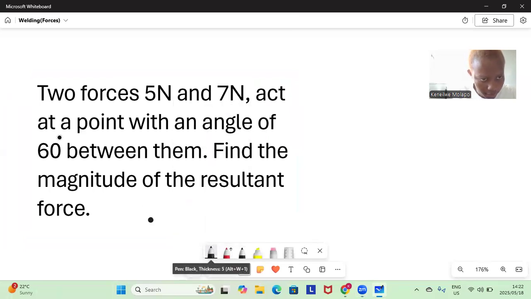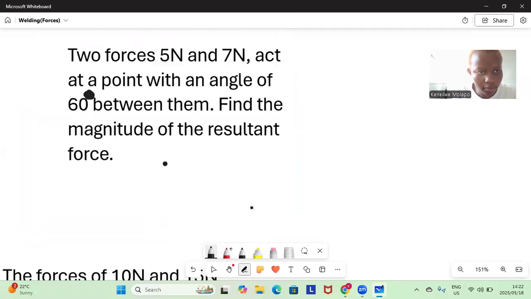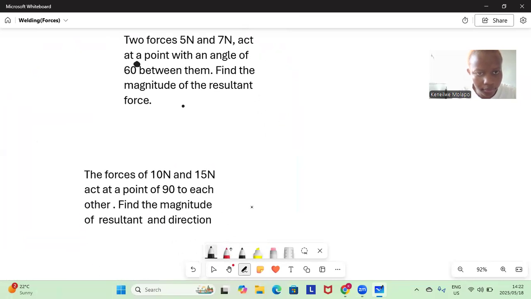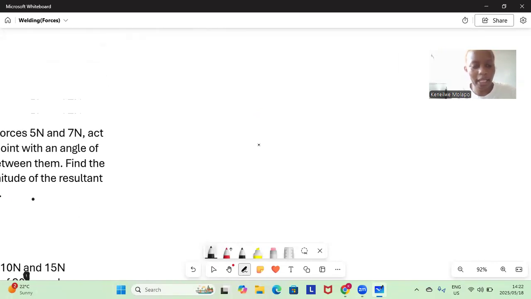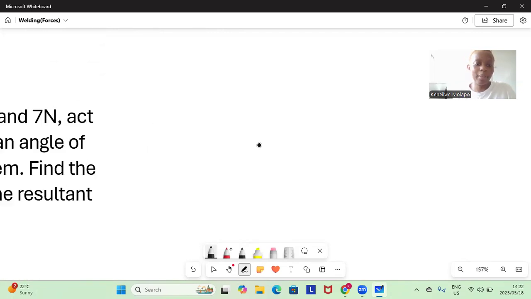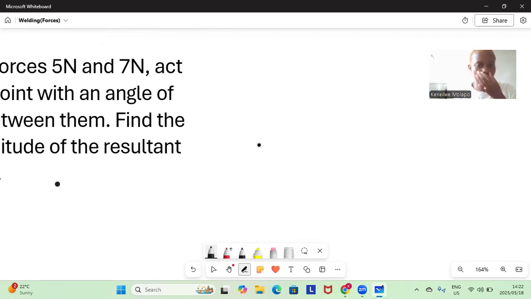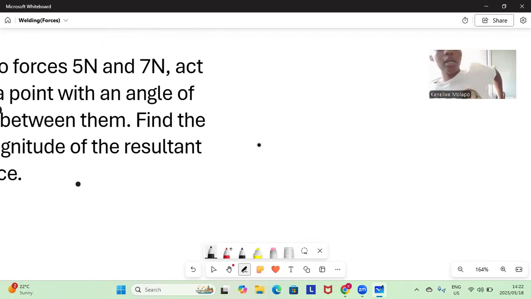Then this is an angle, and this is also an angle. So guys, let's start with the first one. This one is for a parallelogram, and the other one is for the triangle of forces.